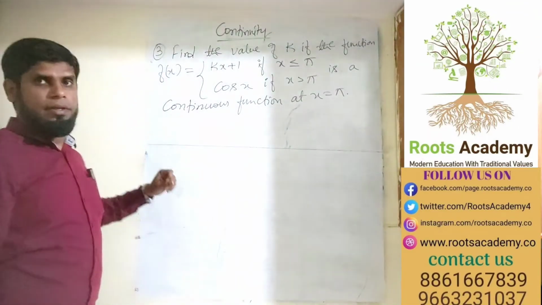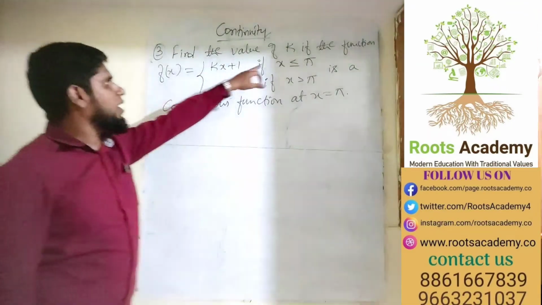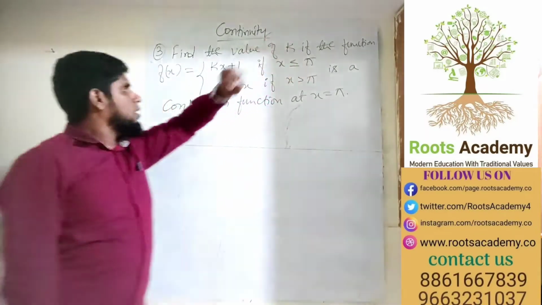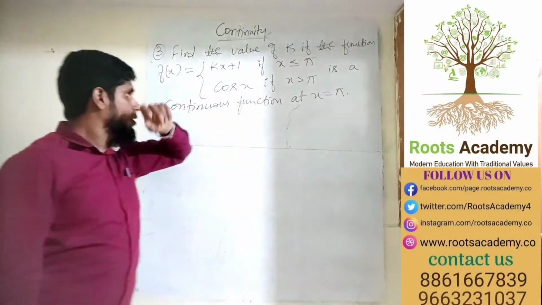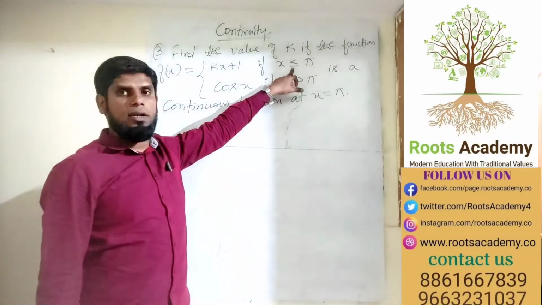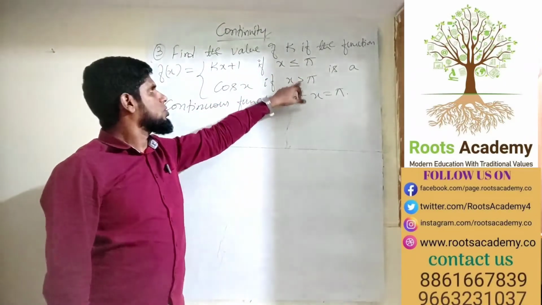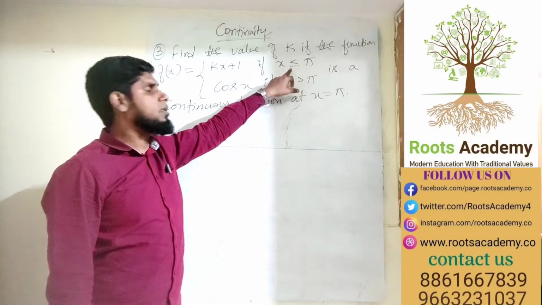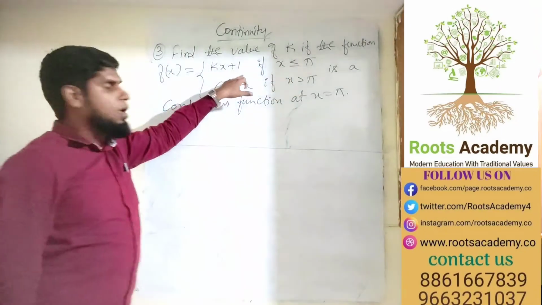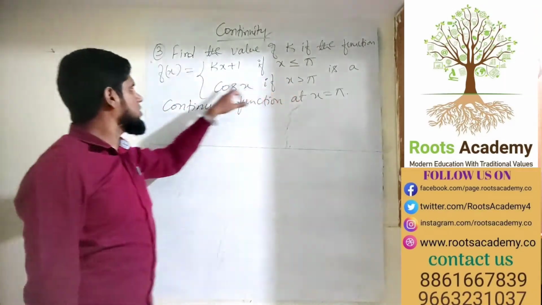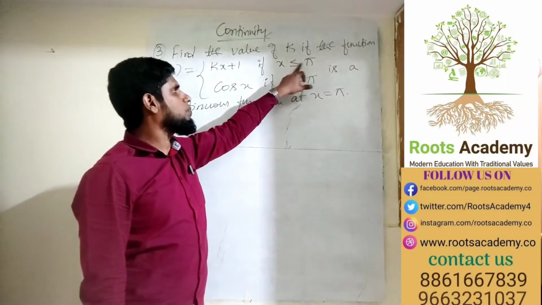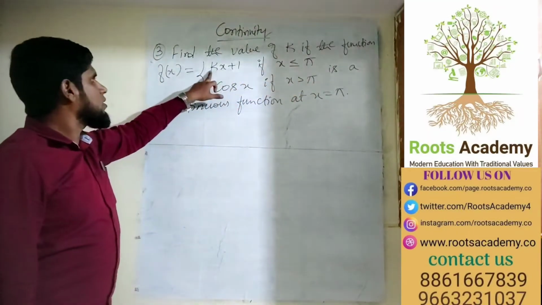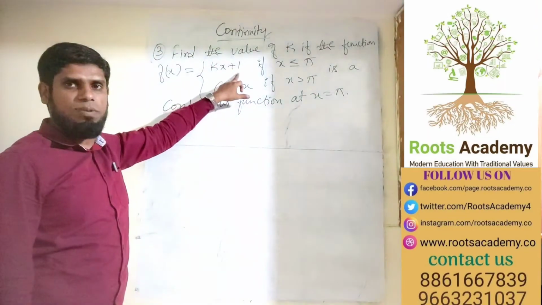Student, here also he is asking us to find the value of k, and this time the condition for x is pi, and here again we have less than as well as greater than. So this is the function for the left hand limit, and this is the function for the right hand limit. And the function when x is equal to pi is kx plus 1.